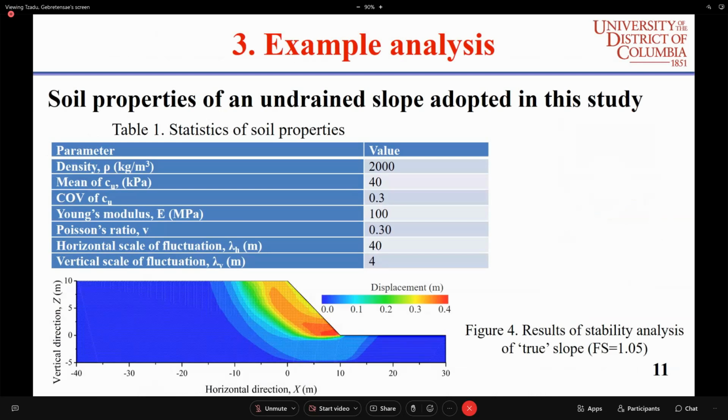Here, without loss of generality, we choose an ungraded slope as an analyzed example. Table 1 shows the soil properties, and one of the unconditional simulation samples is selected as a real and true slope.